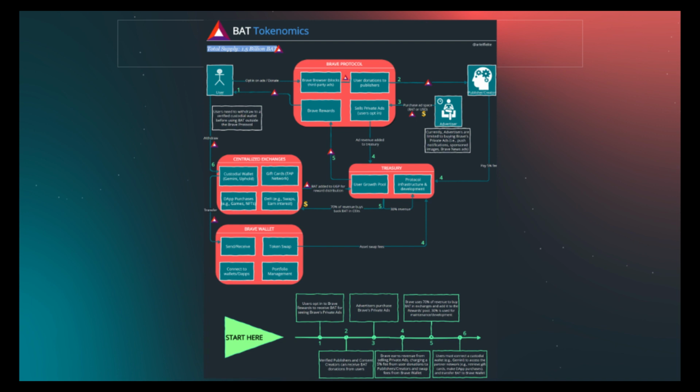So you can make dApp purchases like games or NFTs. You can make DeFi swaps or just earn interest. I think those are some of the cooler utilities that BAT has to offer.